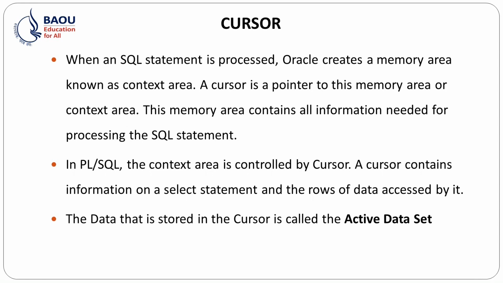A cursor contains the information on the select statement and the rows of data accessed by it. If you execute a select command or an insert, update, delete command, those statements fetch the records from the table and those records are stored in a cursor or memory area.